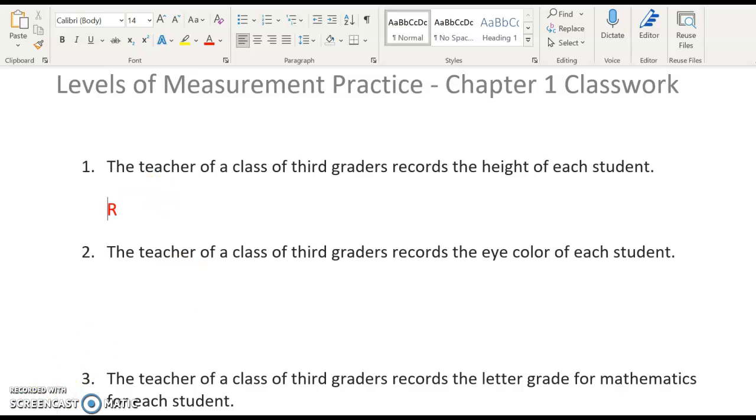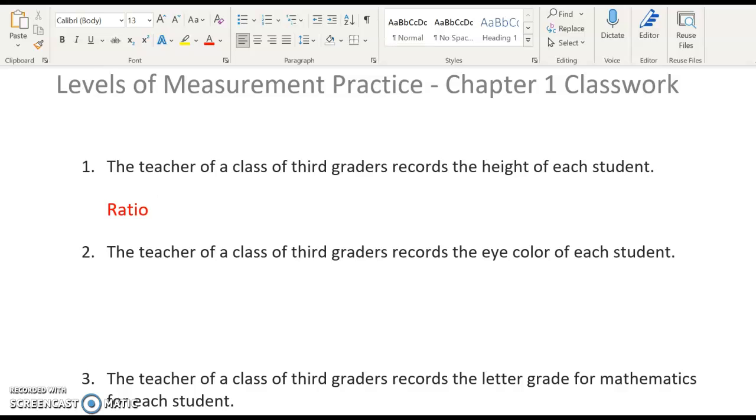Okay, this would be ratio because we could say that zero height would mean it would be the starting point, and a student that is 6 feet tall would be twice as tall as a student that would be, let's say, 3 feet. I know that's probably not a good example, but that would be ratio.